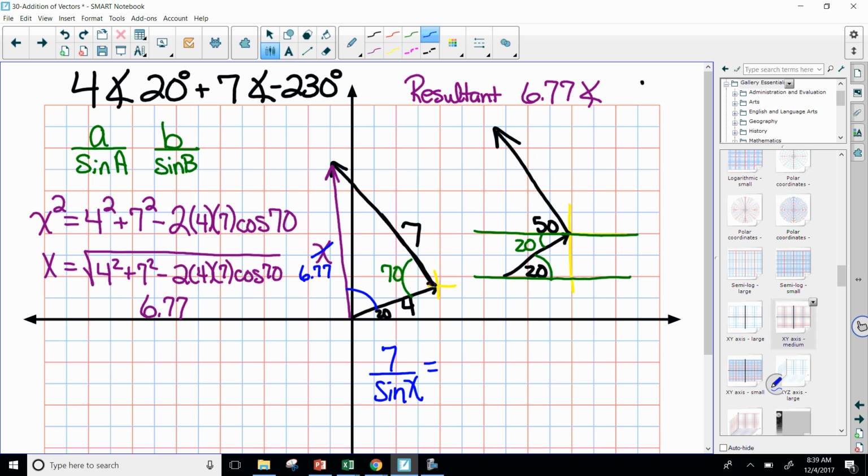So I have 6.77 over the sine of 70 because that's the angle opposite of it. Cross multiply. You've got to be careful with this. You're going to take 7 times the sine of 70, and you're going to divide by 6.77. That's equal to the sine of x.